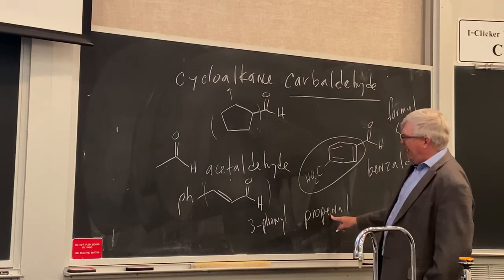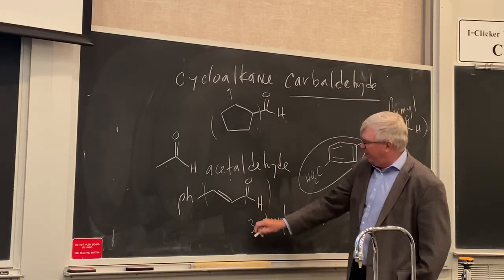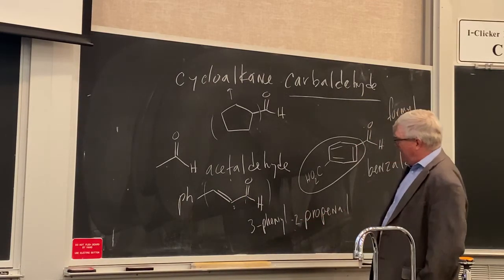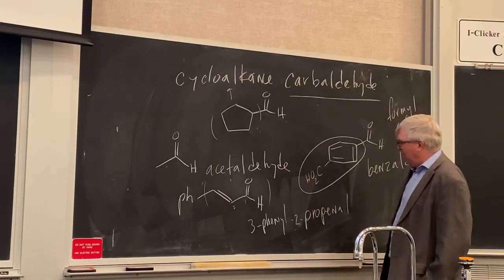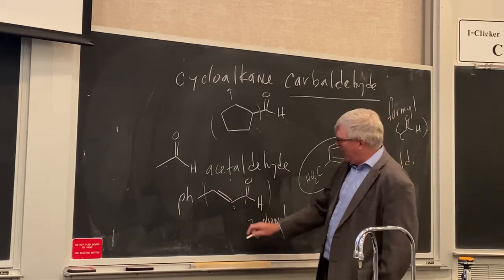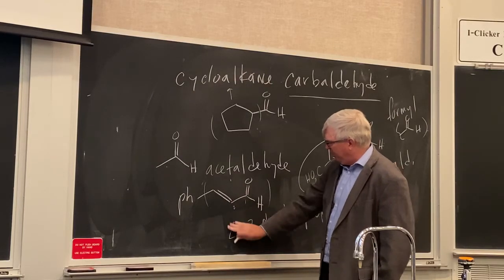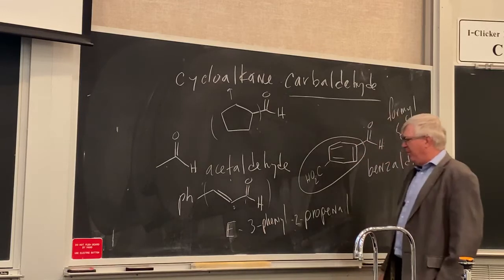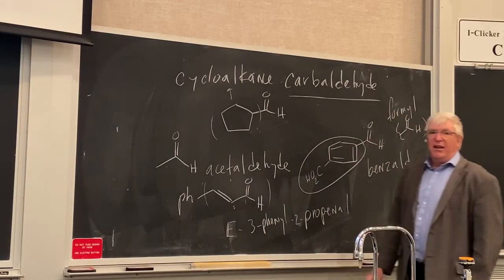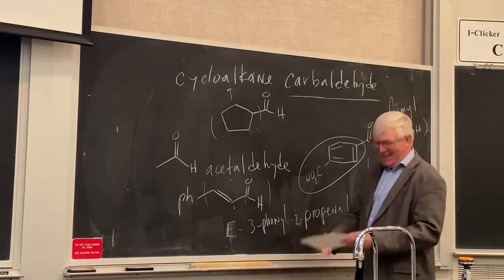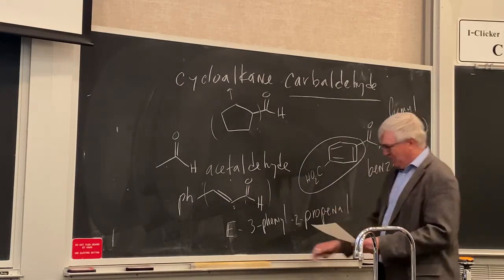Phenyl, and then propene, the aldehyde's at the 1 position, 2 is where the alkene starts, 3 is where we have the phenyl group. Do we need anything else here? Yeah, this is trans, so actually we need E out here, right? So E-3-phenyl-2-propenal. Thank goodness for common names. This is cinnamaldehyde. Okay. Makes it a lot easier.